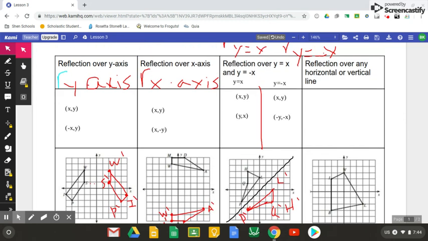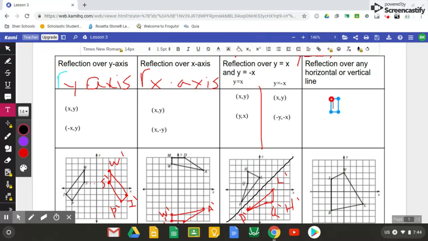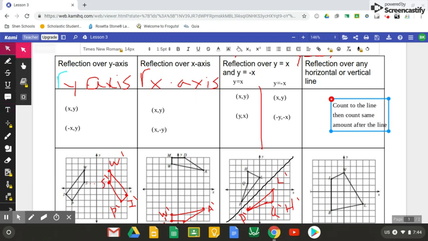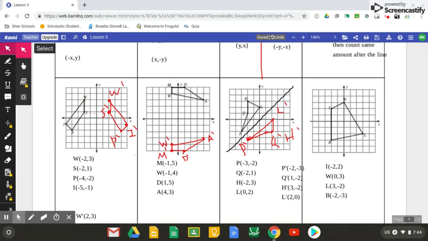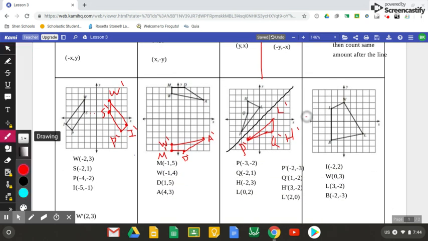Let's reflect over any horizontal or vertical line. So this is the rule for any horizontal or vertical line. All you're going to do is count to the line, then count the same amount after the line. So for example, if I were to reflect this next shape over this line I'm about to make, it's going to be y equals 1.